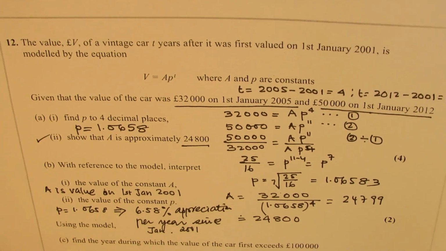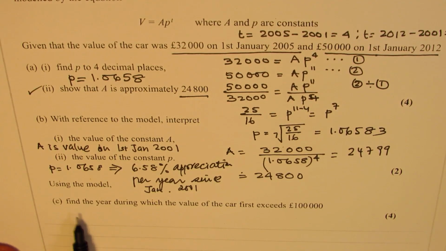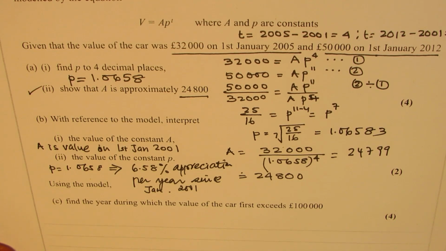Now let's look into part C, which is to find the year during which the value of the car first exceeds 100,000. Let's use the values we got, approximating A to 24,800.